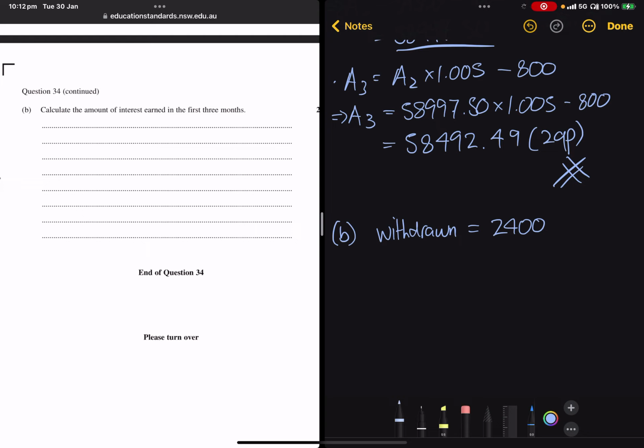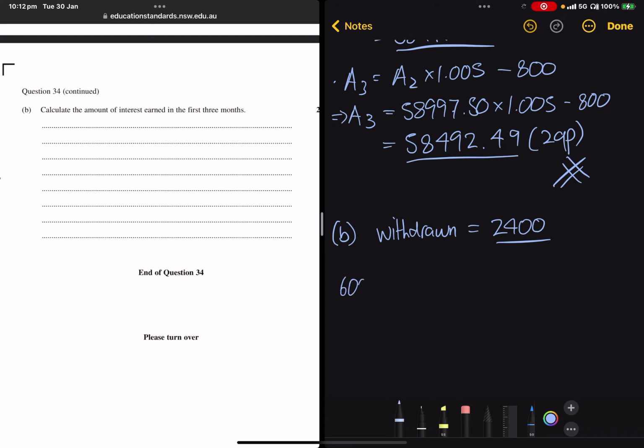So the 60,000 minus the amount left over will tell us how much the balance has been reduced by. That subtracted from the 2,400 will tell us the interest.